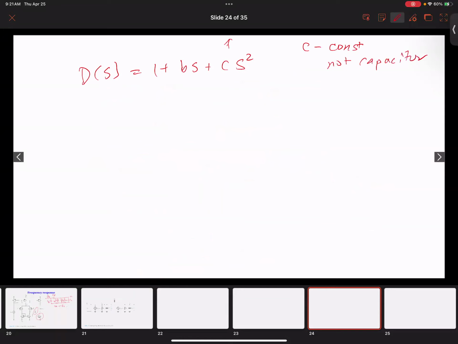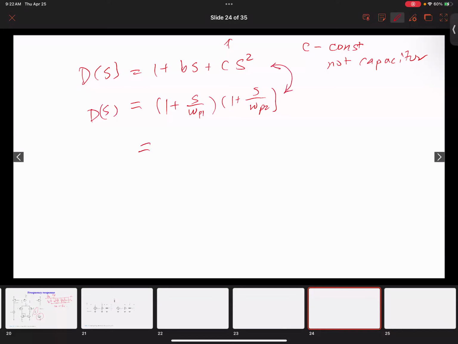So what I'll do is I'll let this one equal to 1 plus S over omega P1, times 1 plus S over omega P2. So this way we can expand this one. We know that these two are going to be equal.